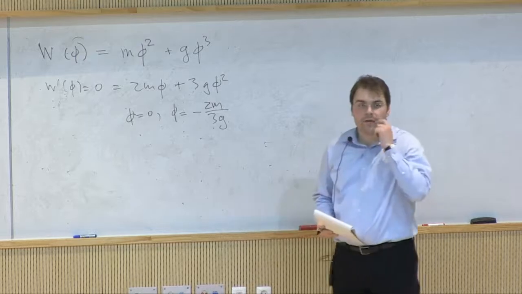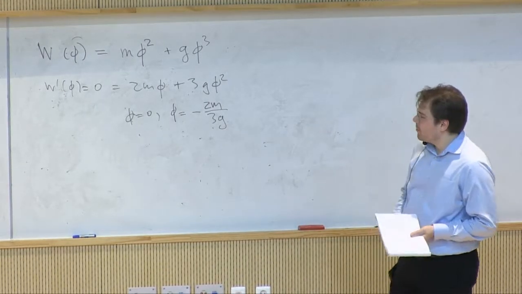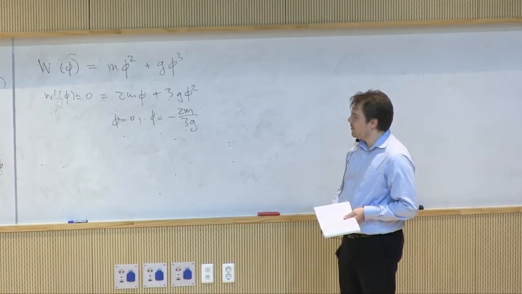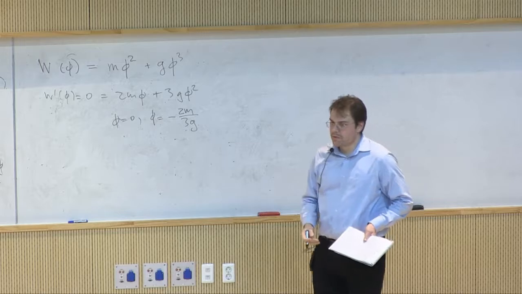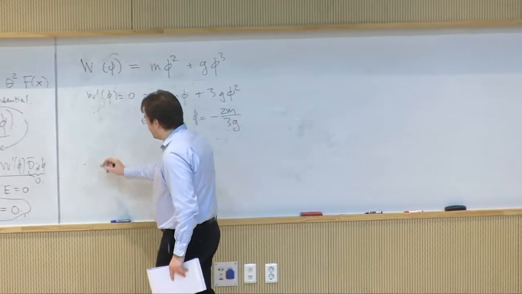The thing I want to explain to you in the last 20 minutes is the absolutely remarkable property of supersymmetric theories of this kind, things that involve holomorphic quantities like the superpotential, which is that they obey what's called non-renormalization theorems.